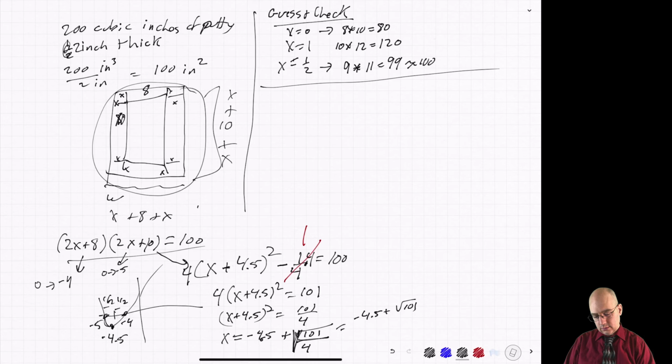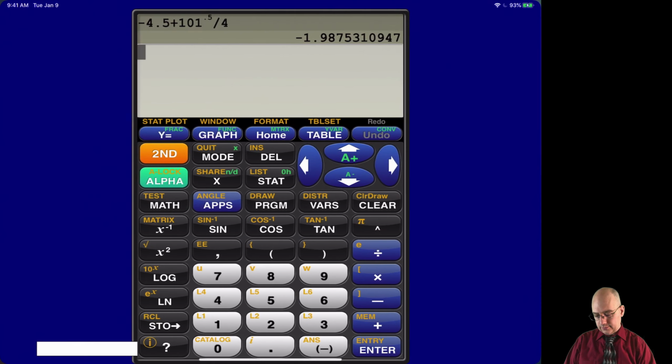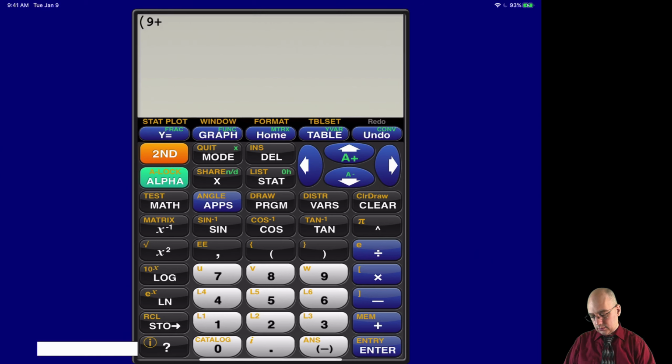And do minus 9, and divide by 2. There we go. That's better. Minus 9 plus, so parentheses, minus 9 plus, let's say the square root of 101 divided by 2. There we go.